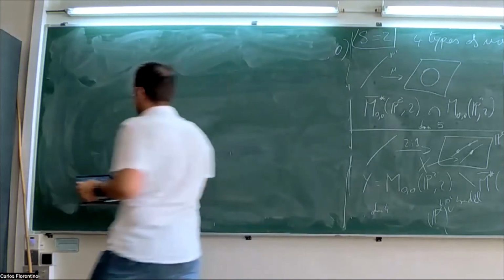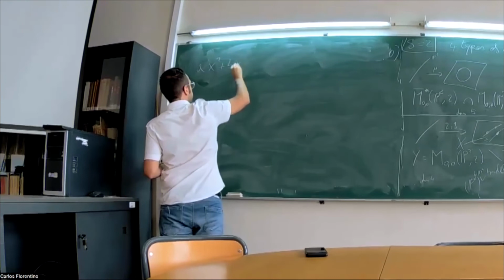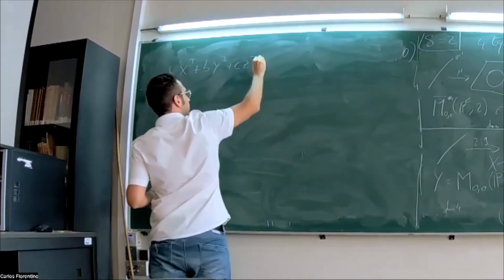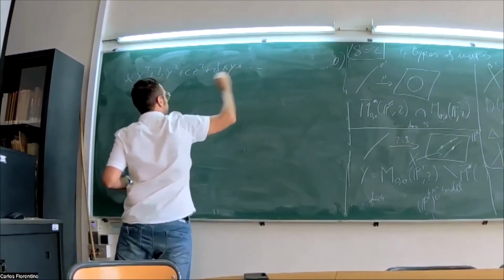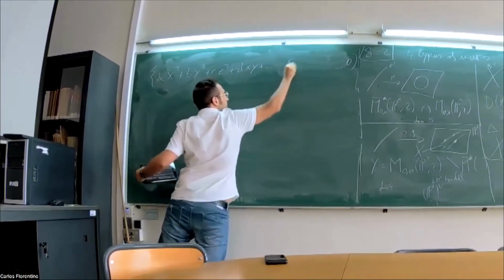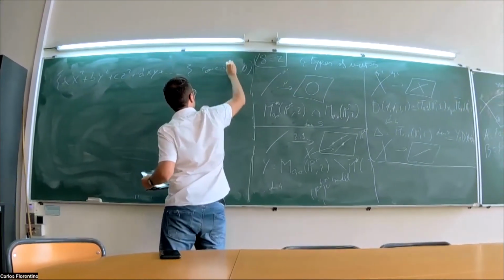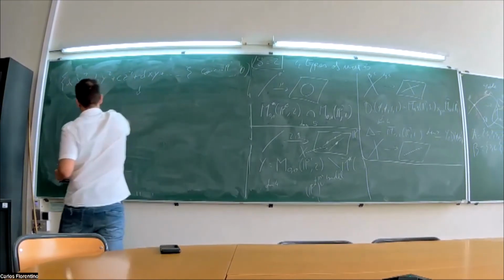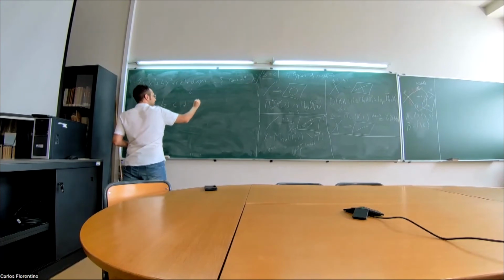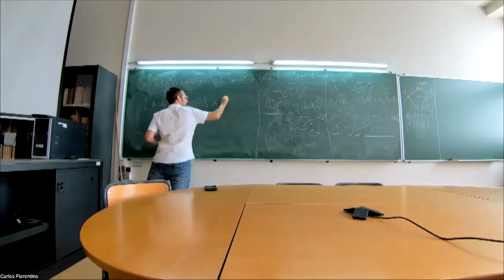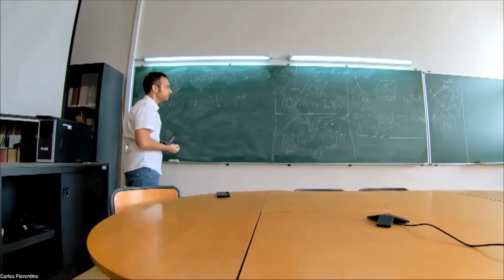So if I have conics, these conics, conic in P2, I assign a point in P5 because I have 6 coordinates.